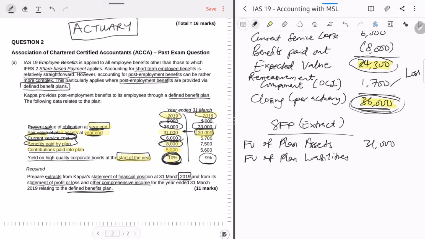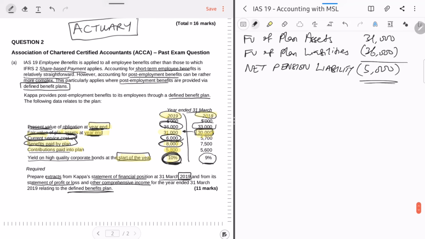Right here, 36,000. So what's the difference? That gives me clearly 5,000. So 5,000. But this is clearly a net, so I call this my net pension liability. So that does it for the assets.